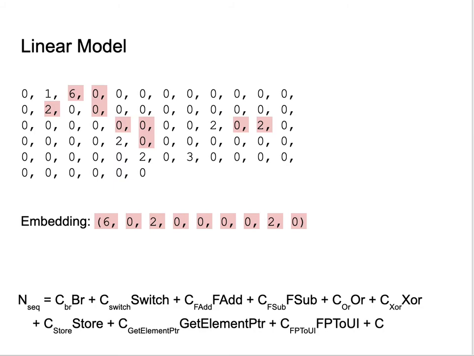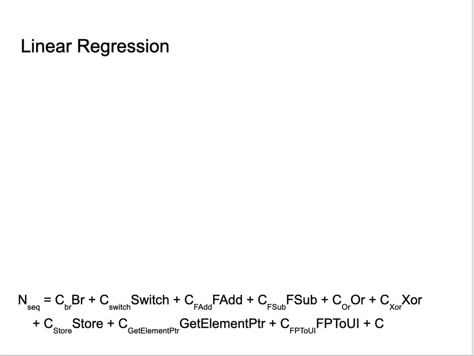And this number is a linear function of the number of occurrences of the different instructions in the program. This is our linear model. And so, our goal is to find the constants that approximate N_seq for most of the programs. This process is called a linear regression, and it's one of the simplest kinds of machine learning models.